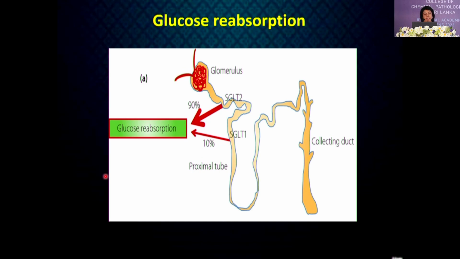When you look at this figure, it indicates the renal tubule. In normal circumstances, almost all filtered glucose through the glomerulus is reabsorbed at the proximal tubule by sodium dependent glucose cotransporter proteins.